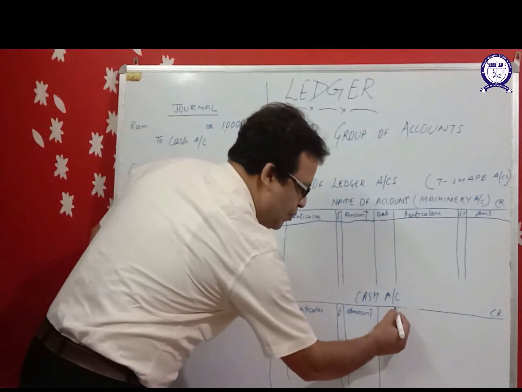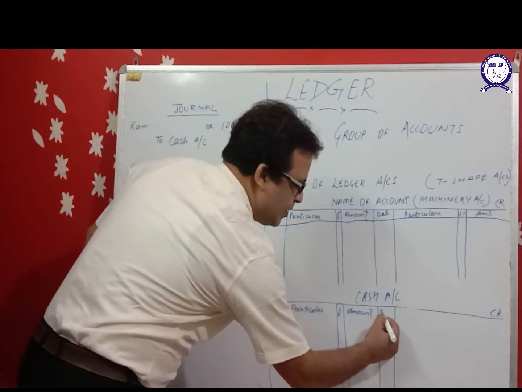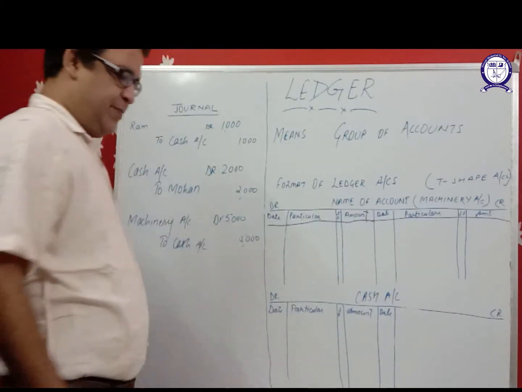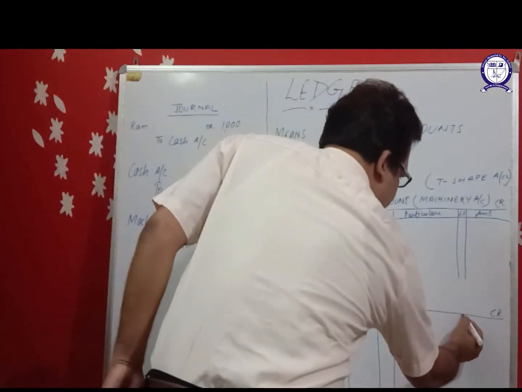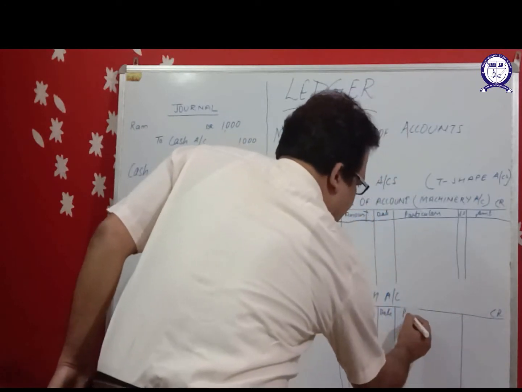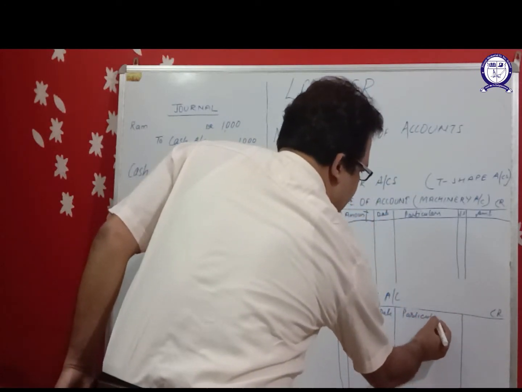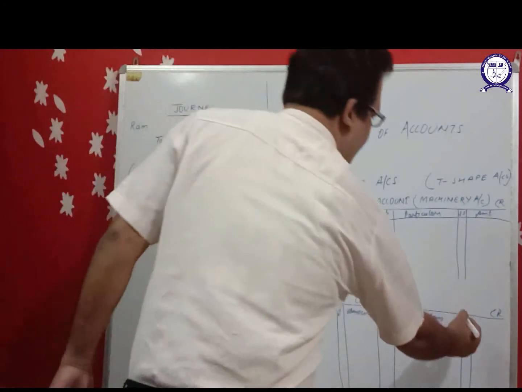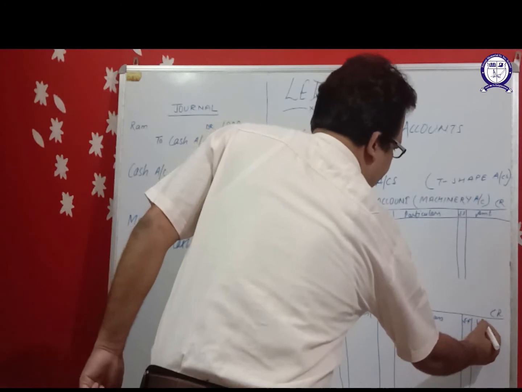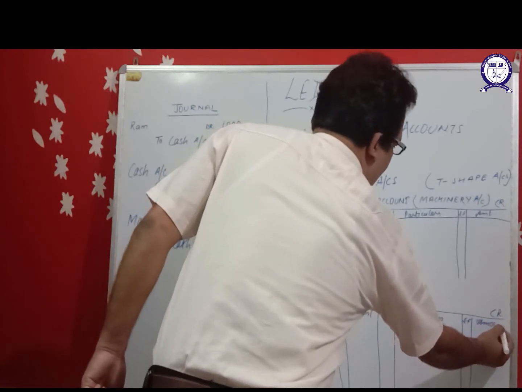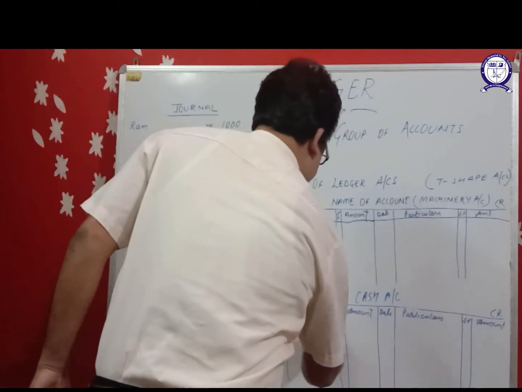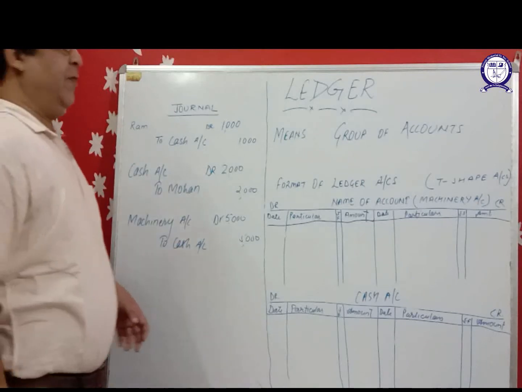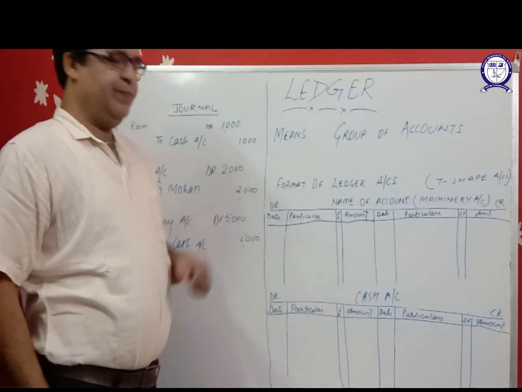On the credit side now, in the same way, first column for date, second column for particulars, journal folio, amount. So this is the format of an account.